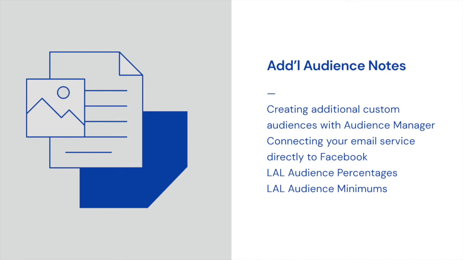We would recommend, if you can, to download that customer file from your Shopify account with the customer values attached to it. It's going to allow Facebook to create audiences more targeted on people who made higher purchases or had higher values.